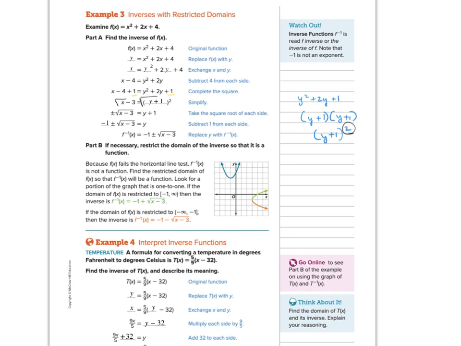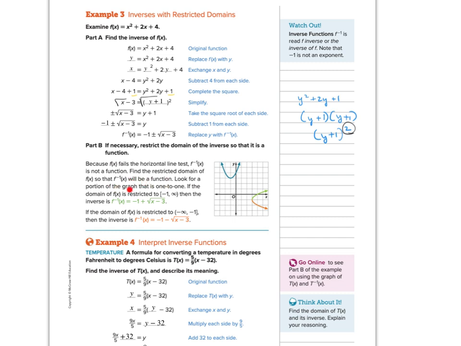If necessary, restrict the domain of the inverse so that it is a function. Okay, so let's see. Because f of x fails the horizontal line test, the inverse is not a function. Find the restricted domain so that the inverse will be a function.